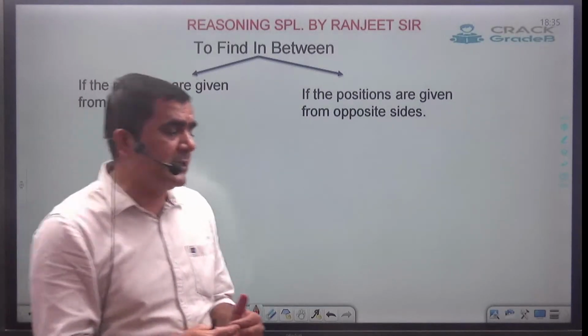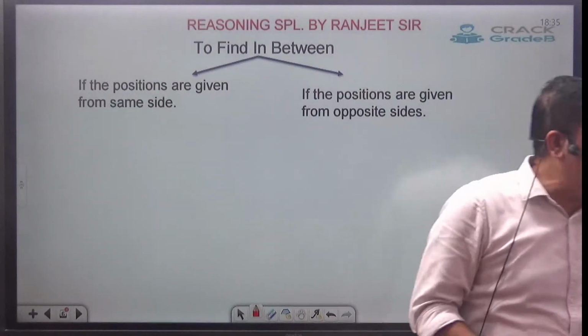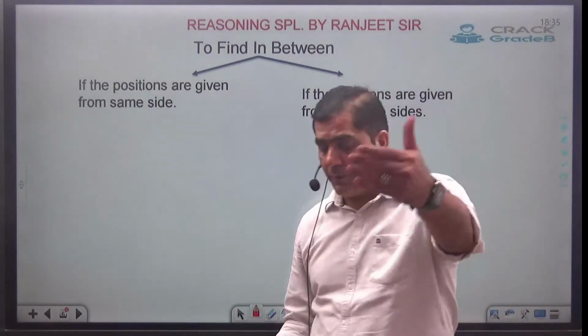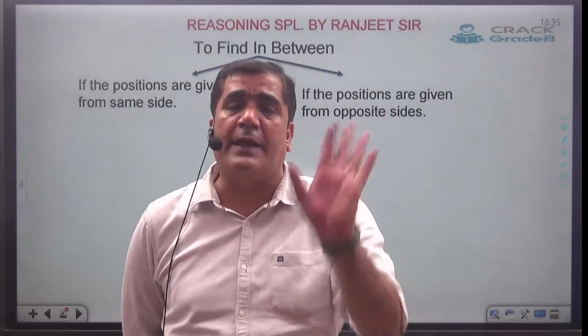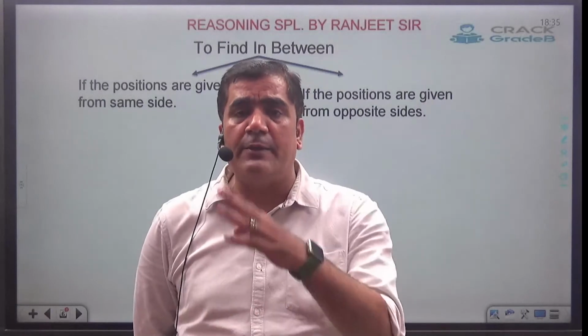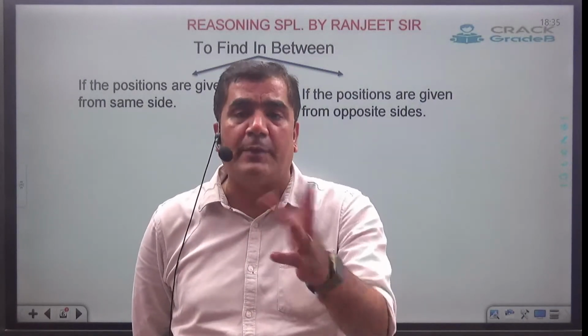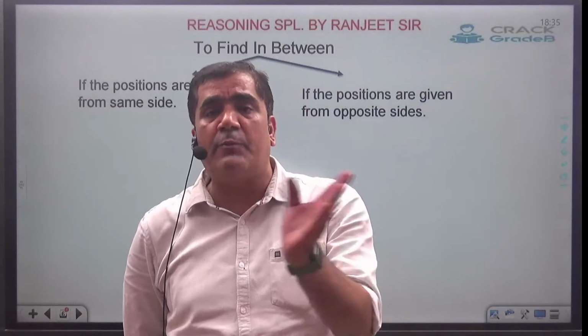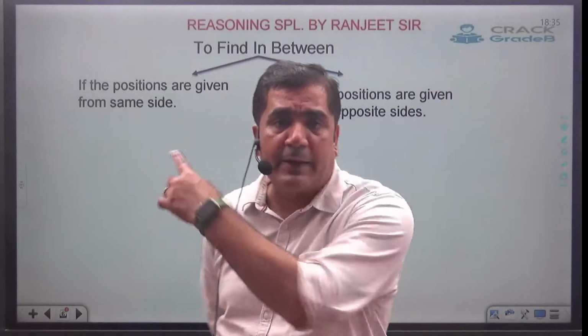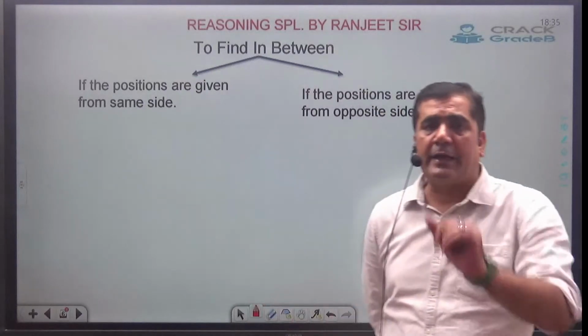For example, they will say P is 20th from right and Q is 10th from right. Then they will ask how many persons are between P and Q. Here both positions are given from right. That will be case number 1.